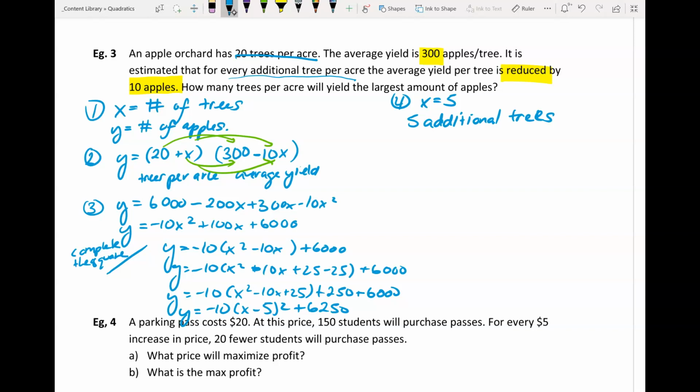And if we want to know how many trees per acre will yield the largest amount, trees per acre is calculated as 20 plus x, because we stated that right here, which means this is 25 trees per acre. And that's it.